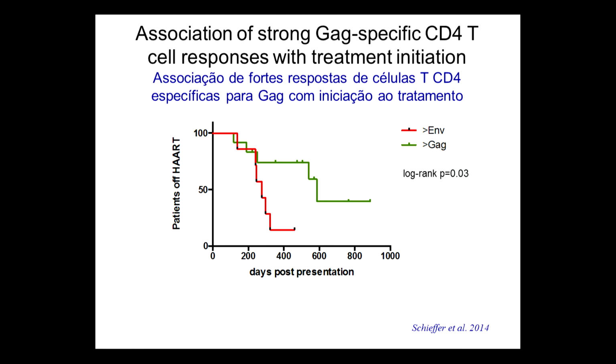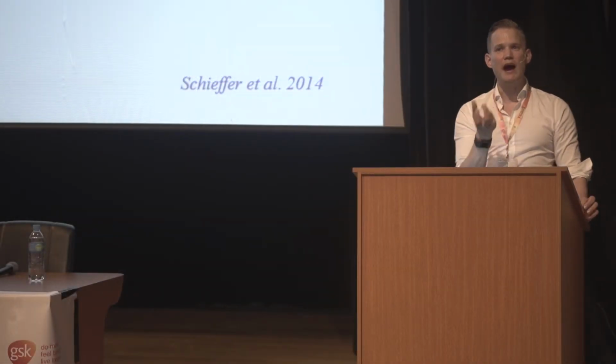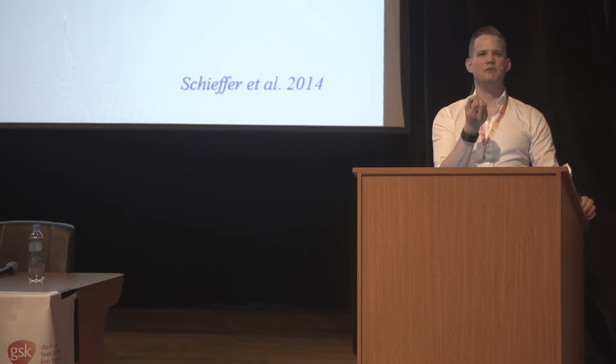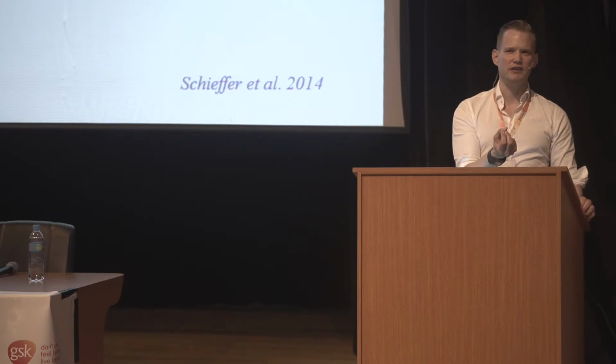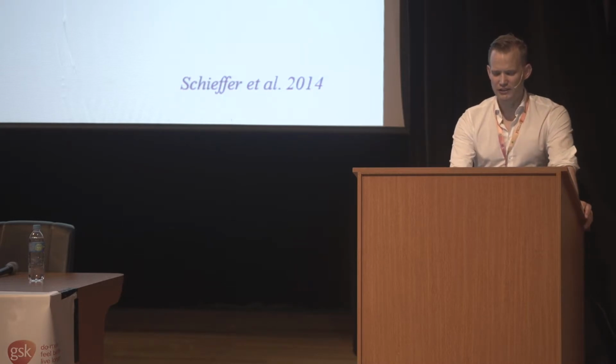Those that are seeing more envelope in acute infection go earlier on HAART treatment than those that are targeting more GAG, suggesting that the GAG responses in acute infection by the CD4 T cells, which are normally the target of HIV, are contributing to the control of HIV viremia.